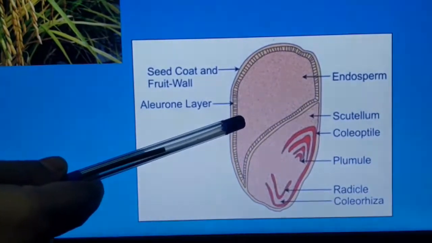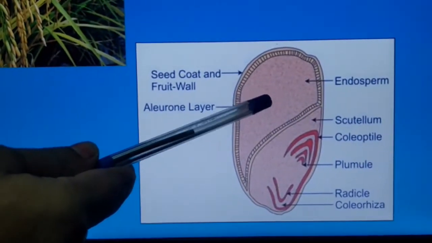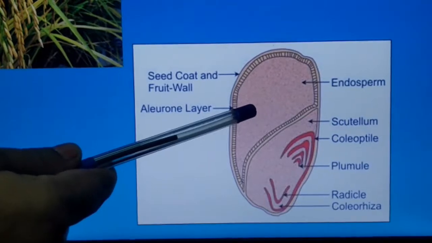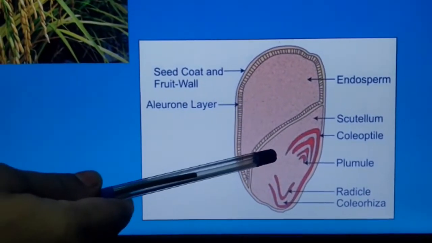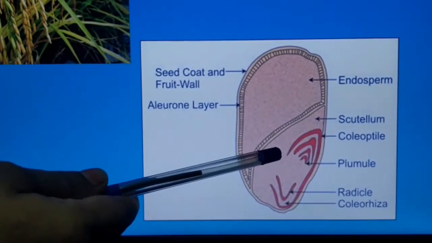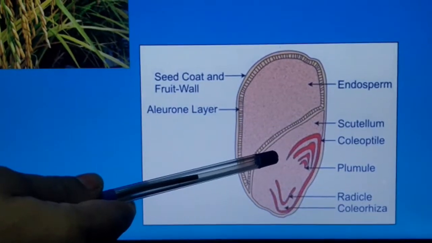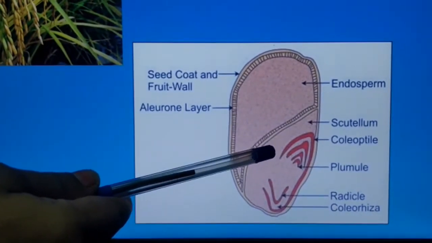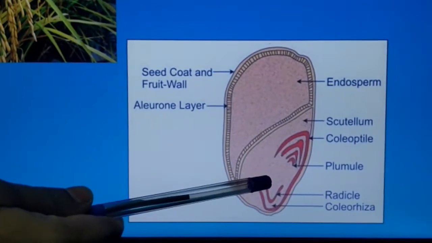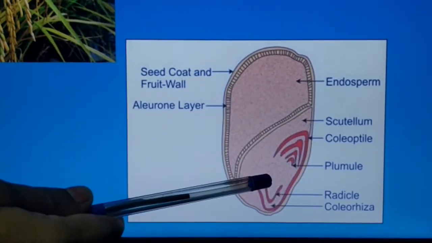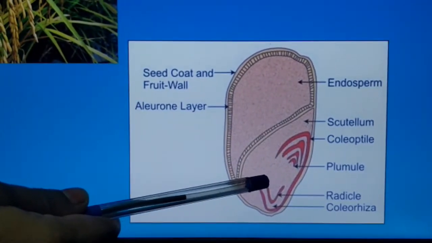The larger part is called the endosperm, which contains storage tissue, and the smaller portion contains an embryo having a shield-shaped cotyledon known as the scutellum, which is present towards the lateral side of the embryonal axis.